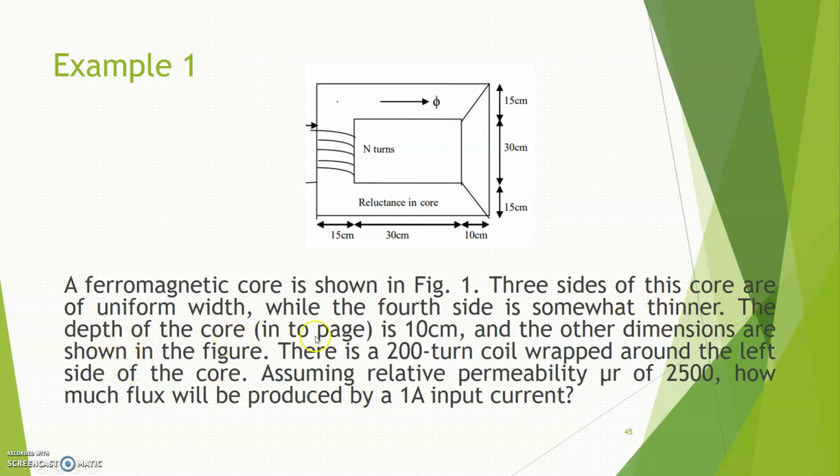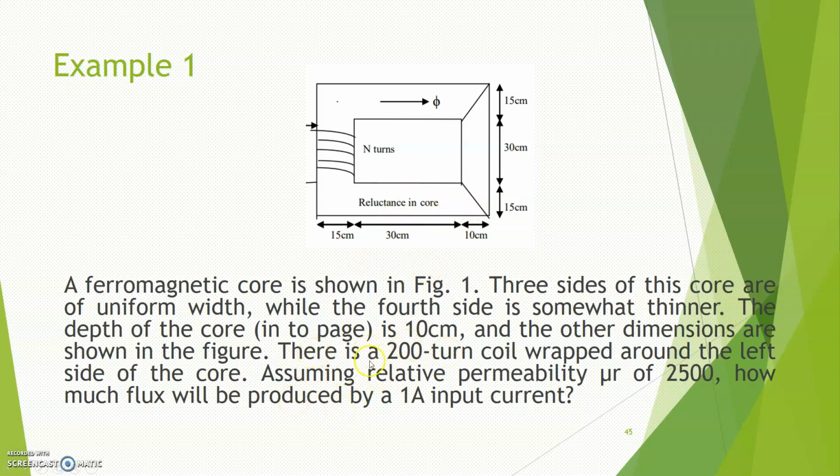The depth of the core is 10 cm, into the page, and the outer dimensions are shown in the figure: here the length is 10 cm, here 30 cm, 15 cm, here also 15, here also 30, here 15. These dimensions are very important in order to determine the mean length of the core.